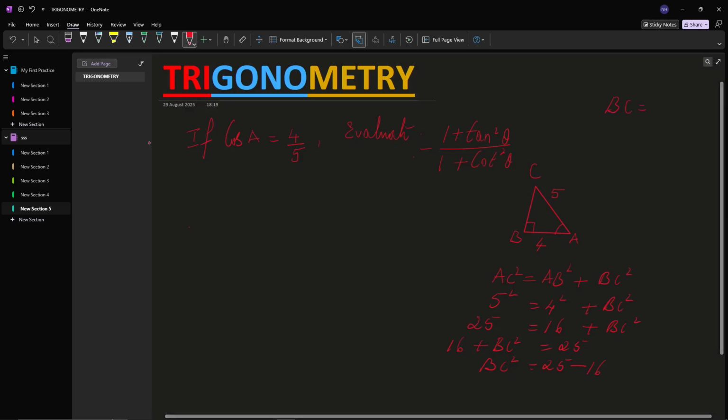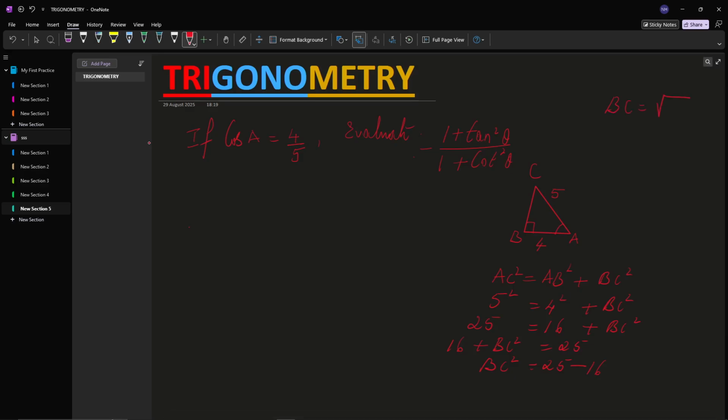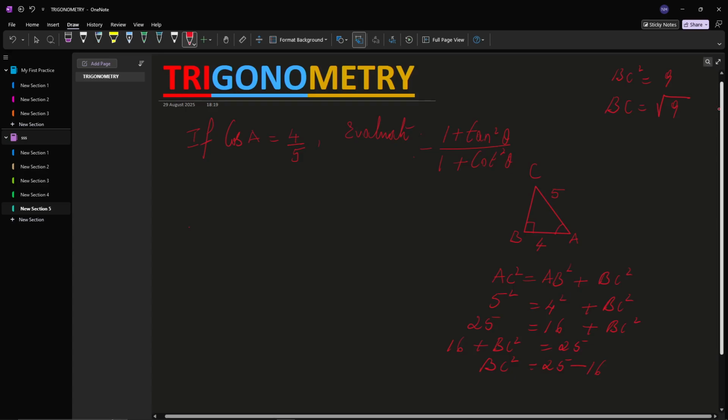So BC is equal to square root of 9. Why? Because BC square is equal to 9. So 25 minus 16 is 9, square root of 9. So therefore BC value is equal to 3 units. So I substitute this BC value as 3 units.